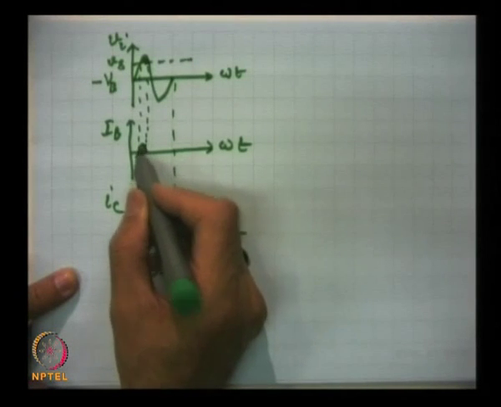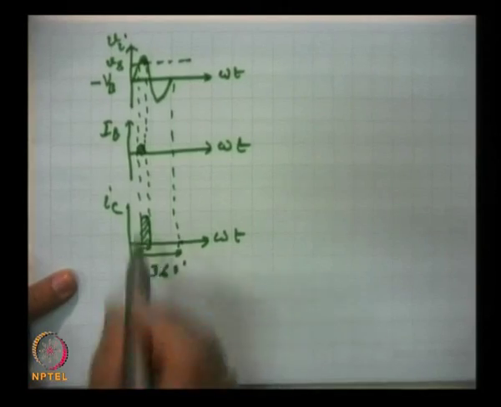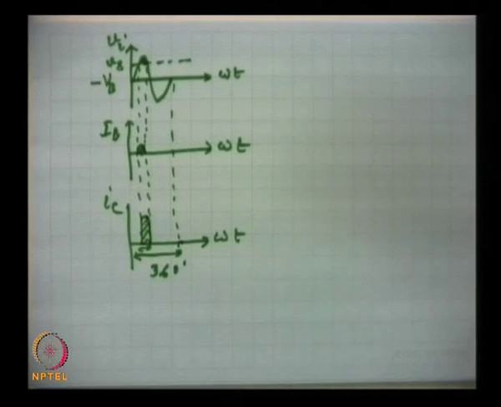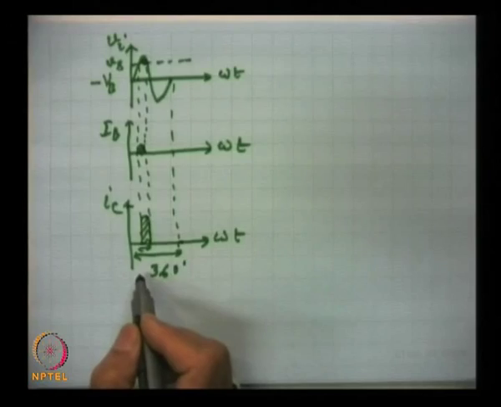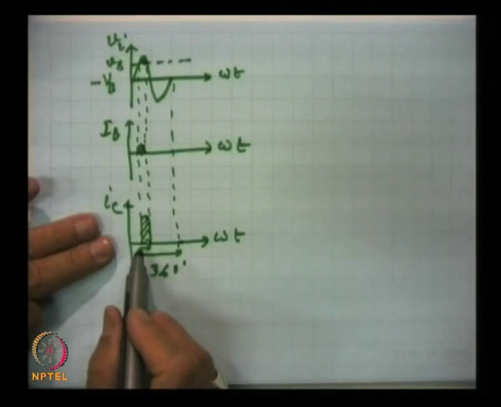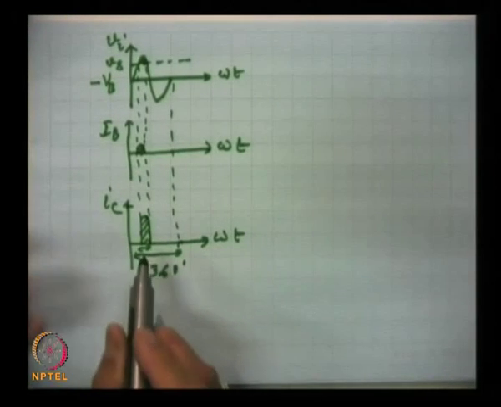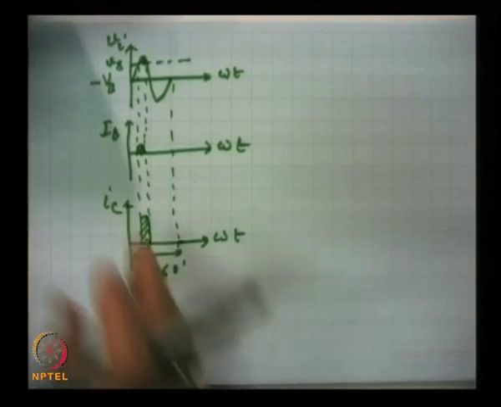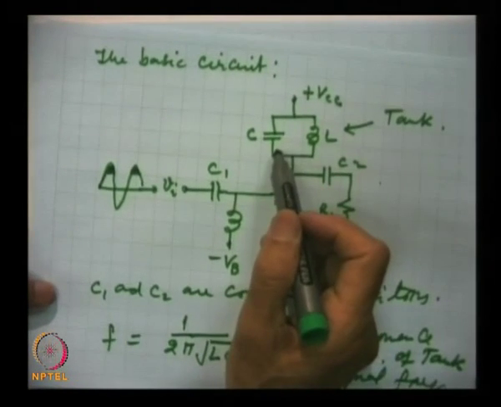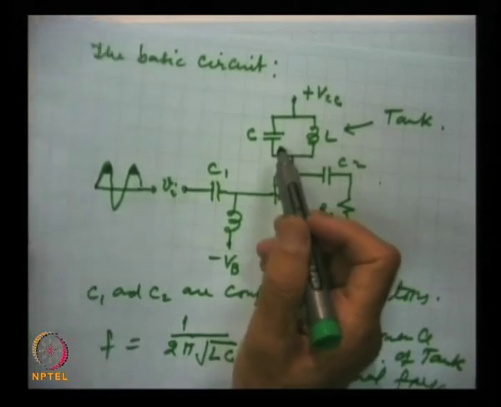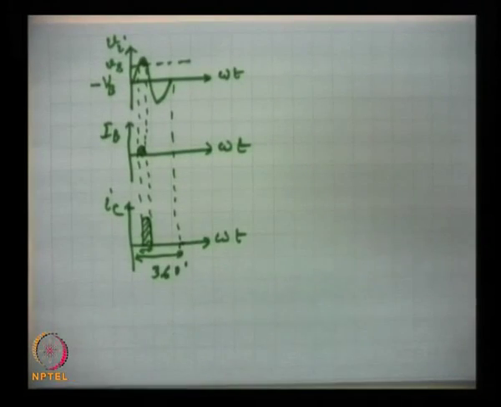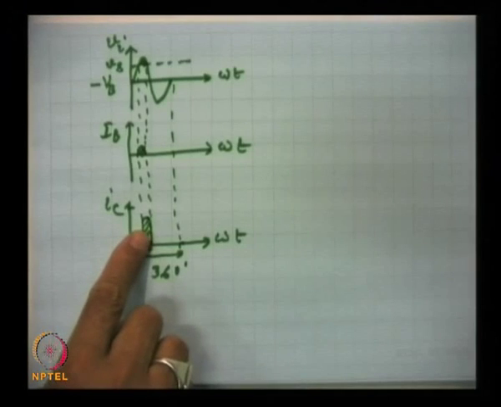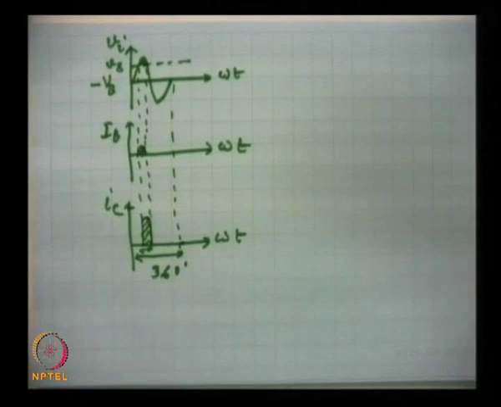This base current will be amplified, and this is the collector current which will be flowing, and these high current pulses will be striking the tank circuit. Now, the tank circuit we can take separately, and we can explain how these pulses will give rise to a completely sinusoidal signal.